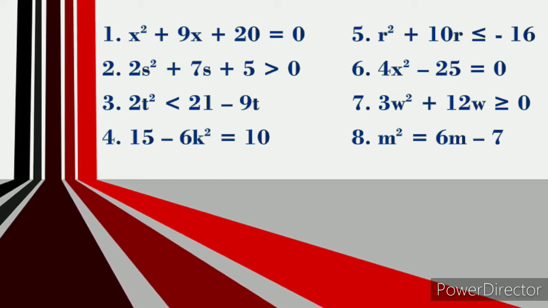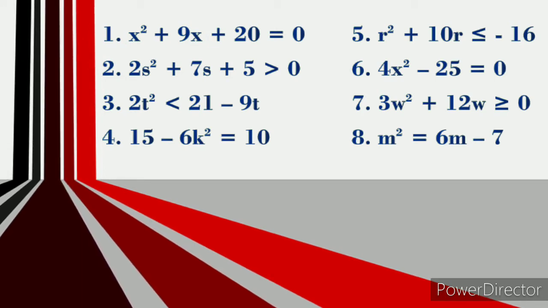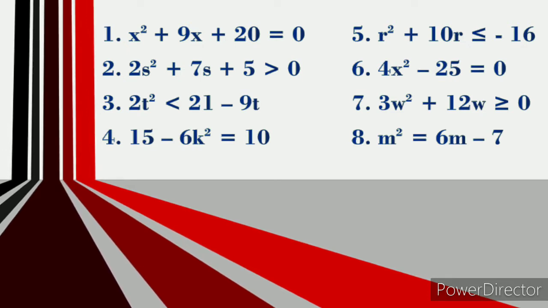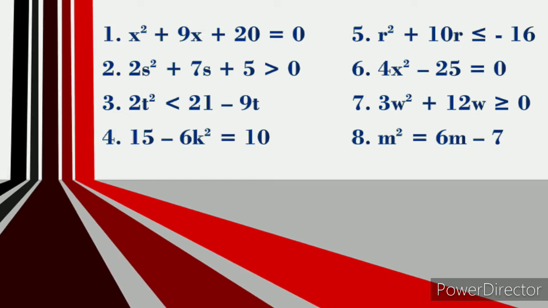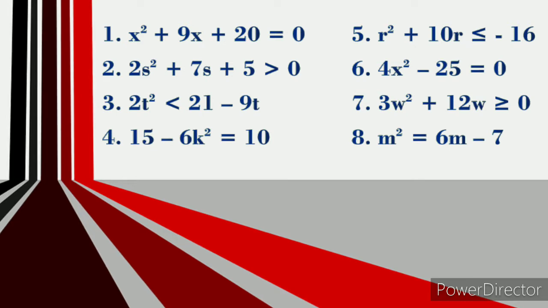Number 3. 2t squared is less than 21 minus 9t. Number 4. 15 minus 6k squared equals 10. Number 5. r squared plus 10r is less than or equal to negative 16.